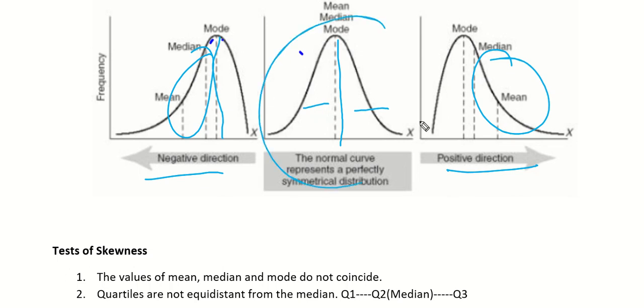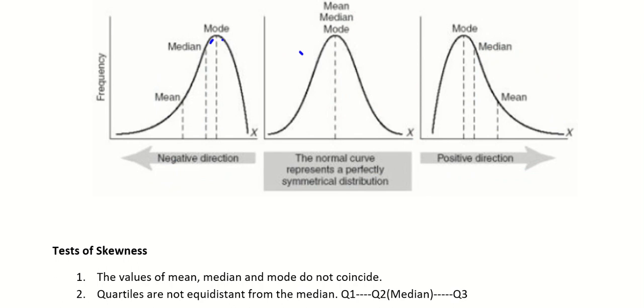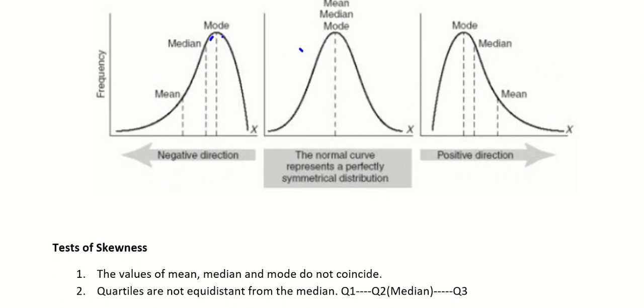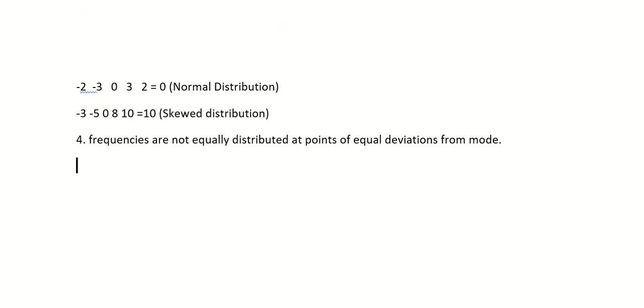When the left hand side and right hand side of the mode are same, symmetric, it is called normal distribution. But when major data is on left hand side, this is called negatively skewed data. And when the data is majorly on right hand side, it is called positively skewed data. So this is how we can judge that the data is normally distributed or not.